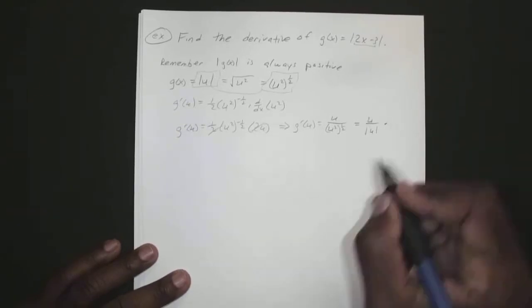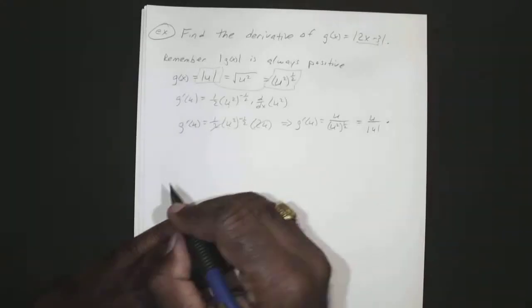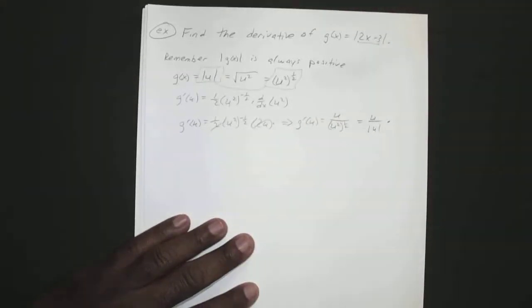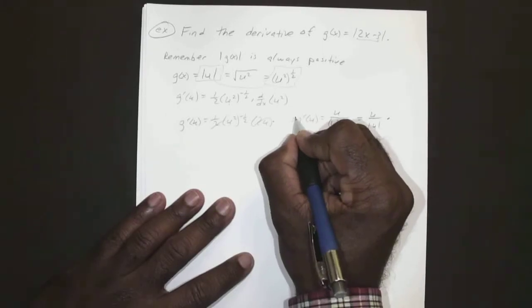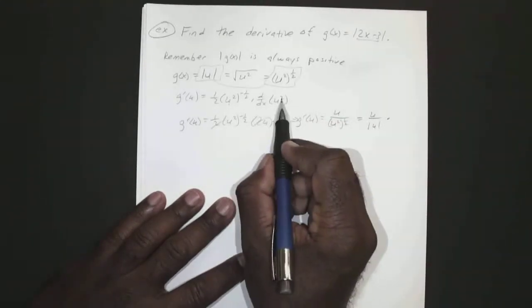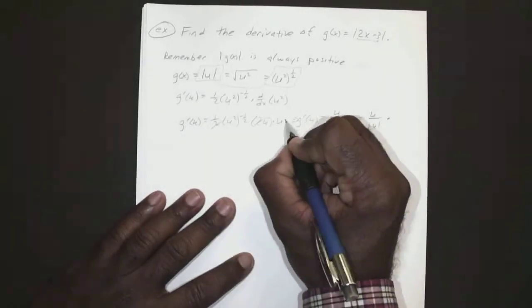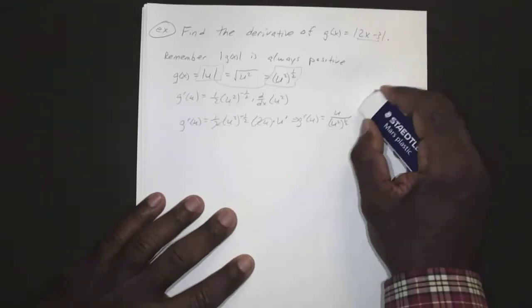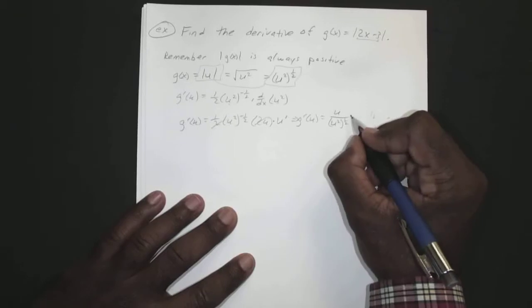Okay. Oh, 2u times u prime, where is it? That's what I forgot, that part. So remember, the derivative of this is 2u times the derivative of whatever u is. So that's u prime. So this should actually be times u prime. And you won't have to remember all these steps.